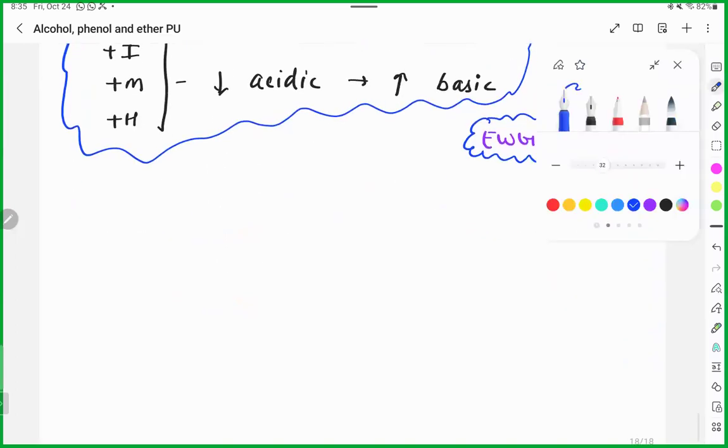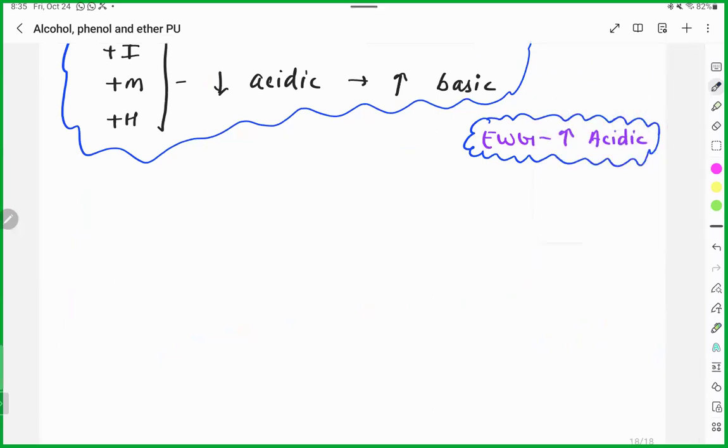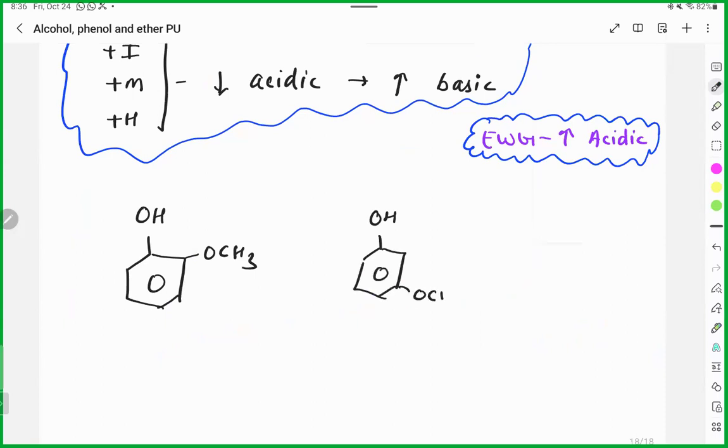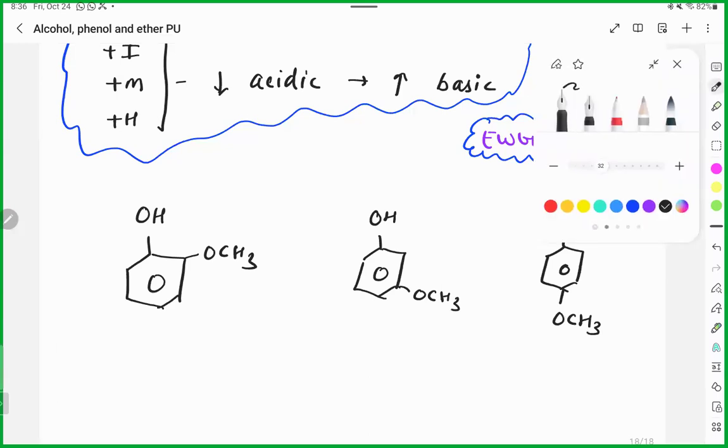Example, Samarth, if you have this OCH3, OCH3, OCH3, which one will have most acidic character?